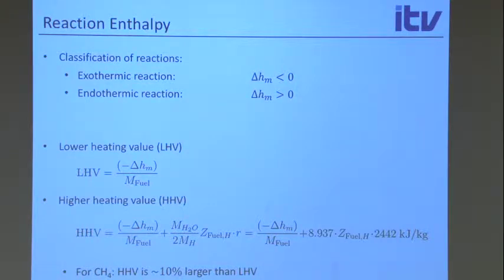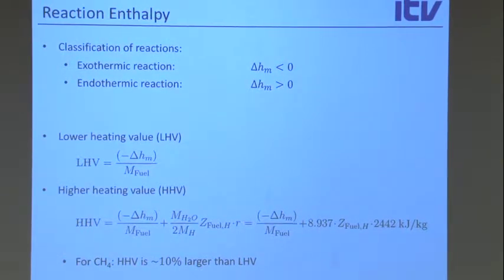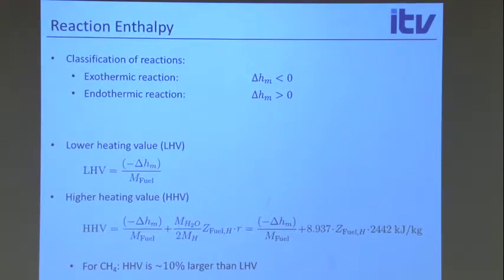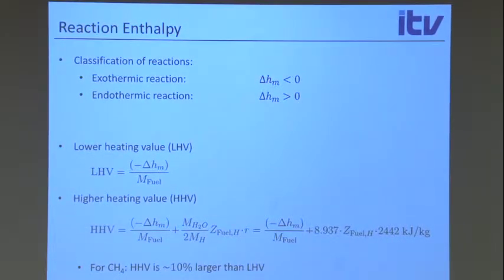So we define the reaction enthalpy. We define this as delta HM. This is the difference of the chemically stored enthalpy during a reaction. So if delta HM is negative, it means the reaction is exothermic. If it's positive, it means it's endothermic.